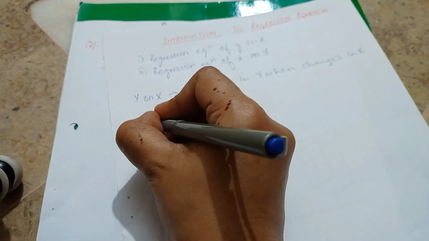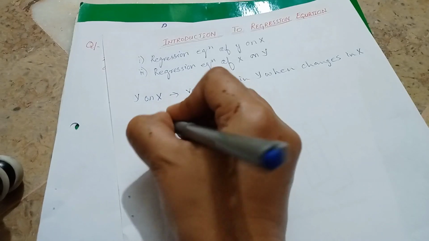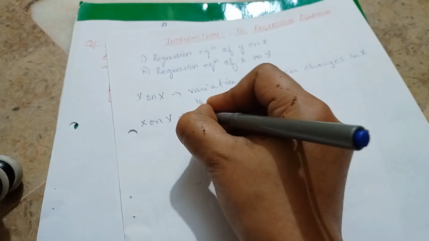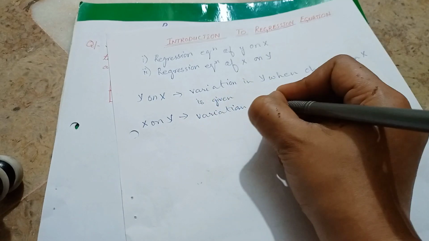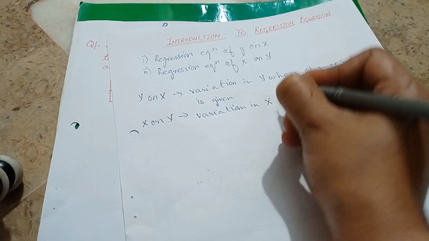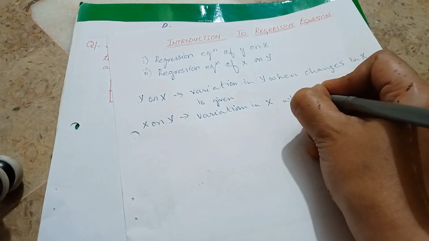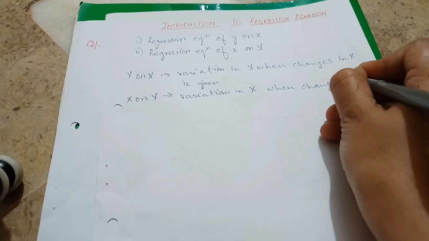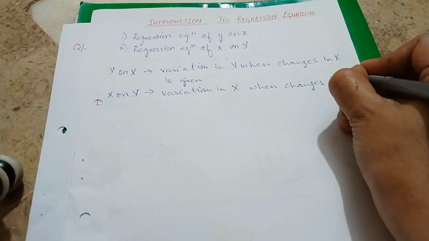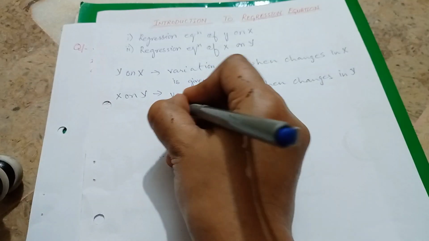As well, x on y is the variation in x when changes in y is given.